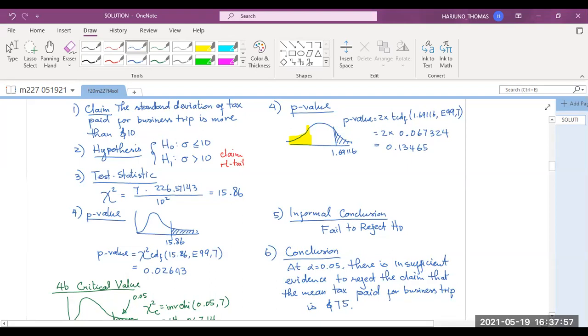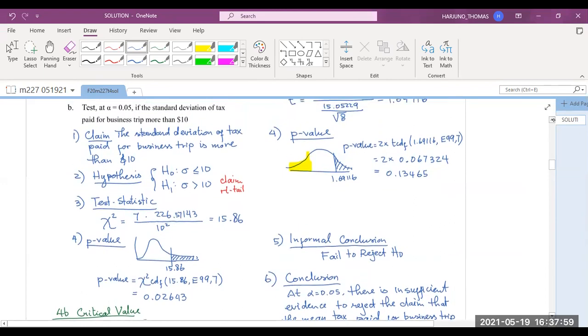But according to our computation here, the p-value is 13% something, which means even if that 75 is true, the probability for that to happen is 13.5%, to have a sample mean of 84.